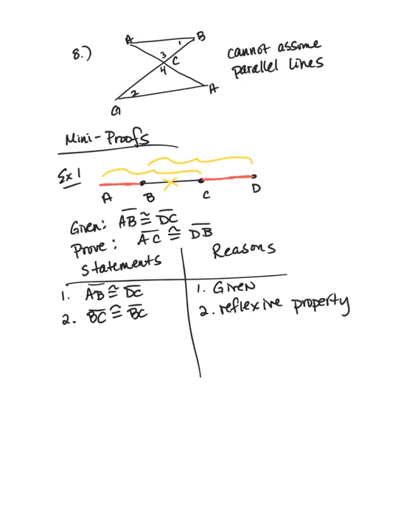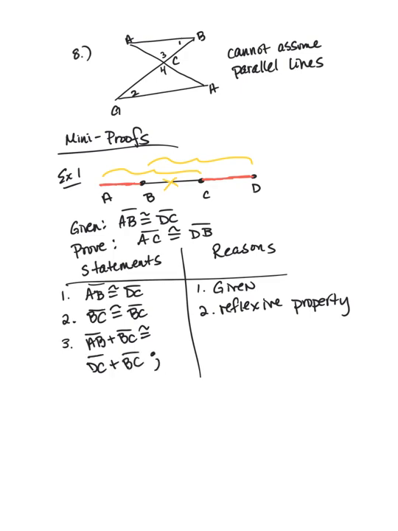Okay, so now what we're going to do is we're going to add AB and BC and DC and CB. So we have AB plus BC is congruent to DC plus BC.